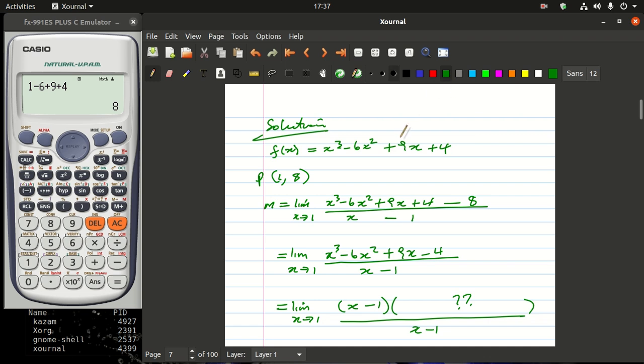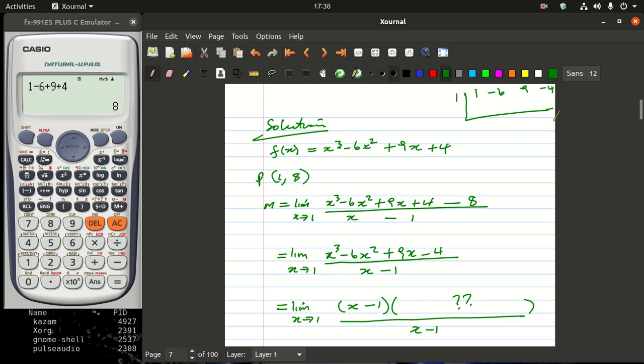So what you do, when x is equal to 1, this whole thing is going to be equal to 0. So I will end up having, I'm going to take in the coefficients here, 1, minus 6, 9, positive 9, and minus 4. And then this x is equal to 1 is the one that is making this whole thing equal to 0.